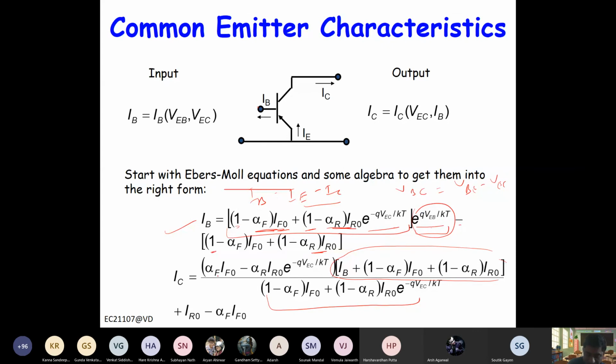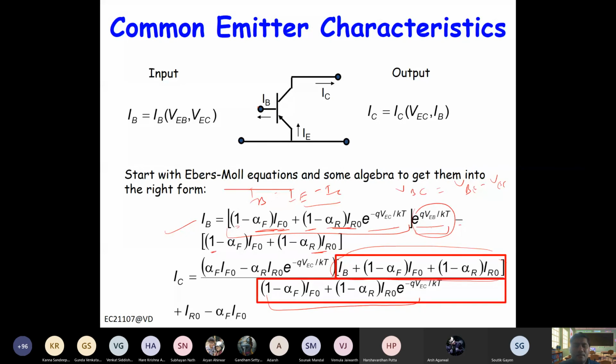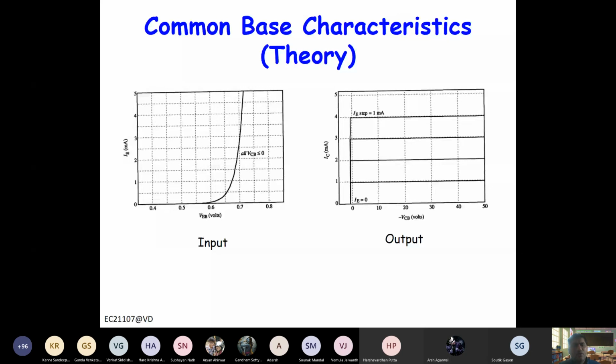And then you have this alpha F IF naught exponential QV by KT, and minus alpha R IR naught, QVEC minus VEB becomes VBC by KT, and those minus 1 terms here. So you can write a complicated expression like this, and then based on this, you can plot it also.